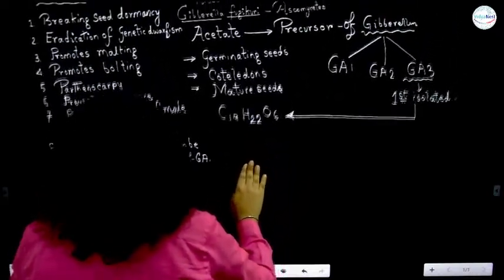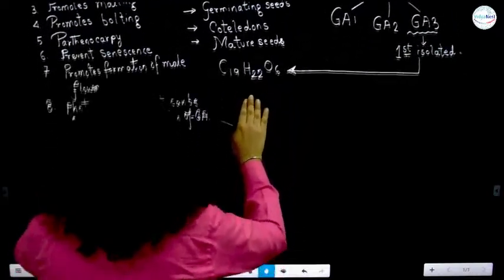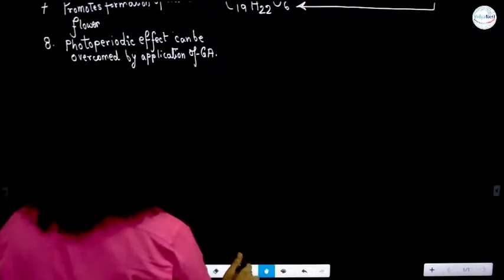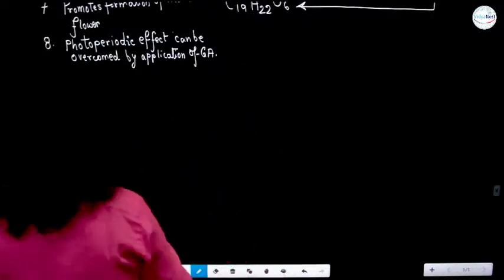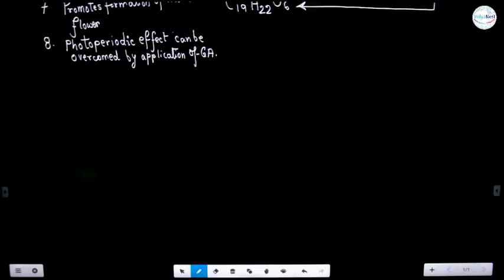First is breaking of dormancy. In your NCERT, there is a diagram in the chapter on flower, where you can find the structure of the fruit. I'm trying to find it out.